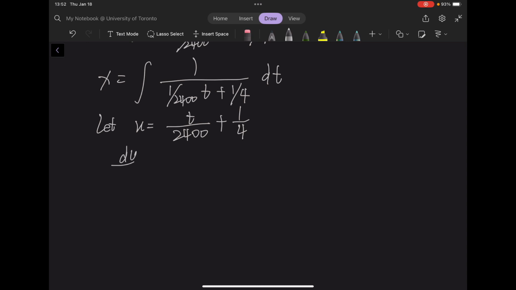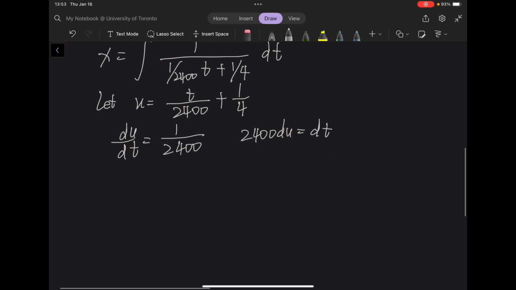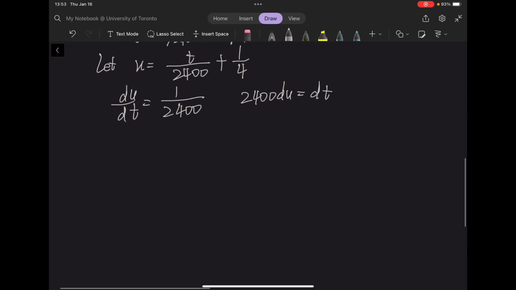So du divided by dt is equal to 1 over 2,400. We got this form. Substituting into our equation, we have natural log u.